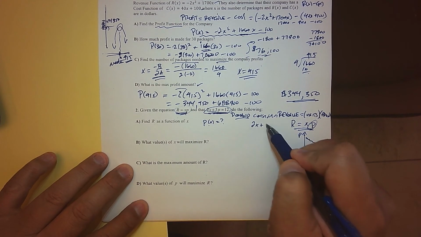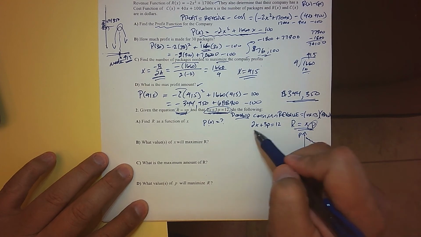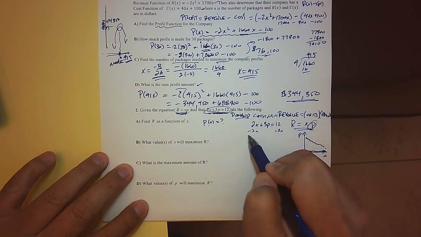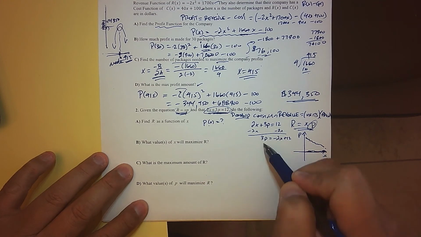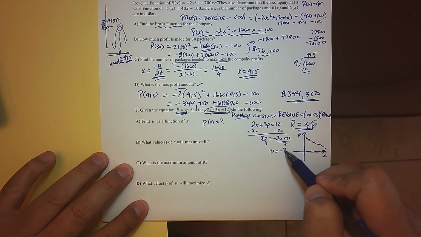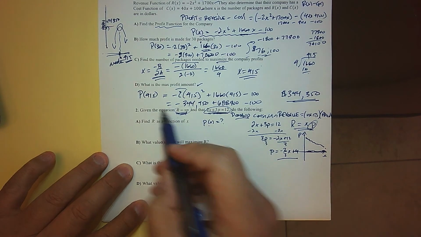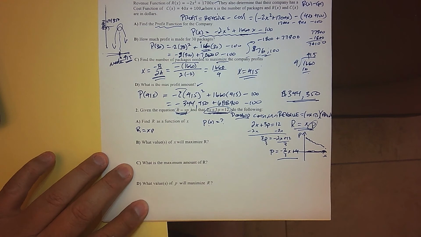Well, what I'm going to do is take my demand equation and basically solve it for P. So subtract 2x from both sides. We get 3p equals negative x plus 12. If we divide by 3, we get that p is negative 2/3 x plus 4. So I can now come to my revenue function, which is x times p.